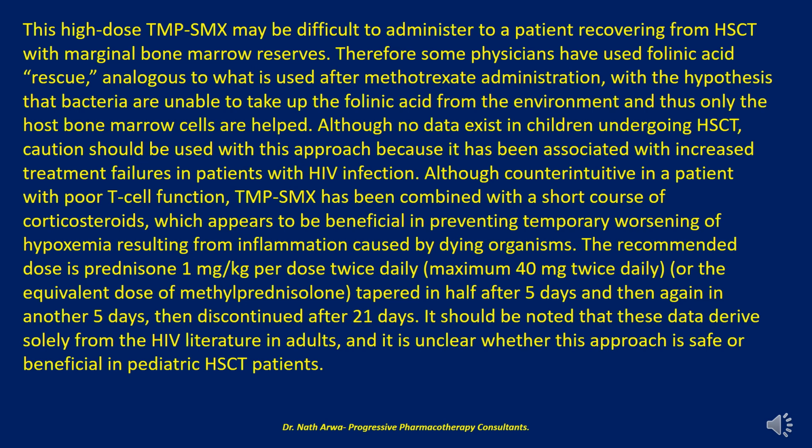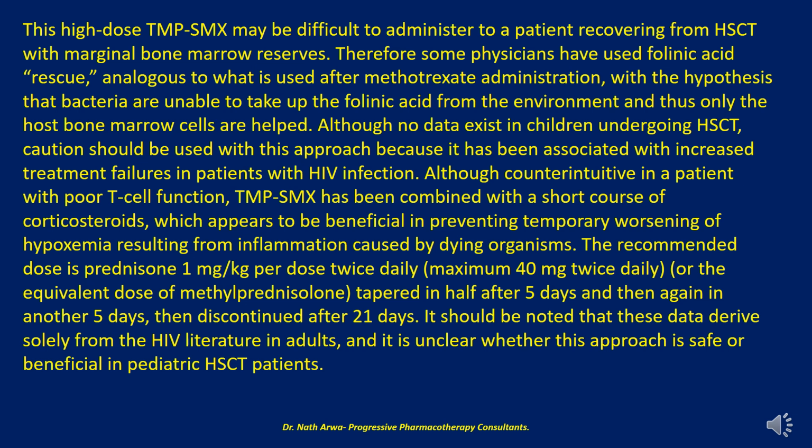Although counterintuitive in a patient with poor T-cell function, trimethoprim sulfamethoxazole has been combined with a short course of corticosteroids, which appears to be beneficial in preventing temporary worsening of hypoxemia resulting from inflammation caused by dying organisms. The recommended dose is prednisone 1 mg per kilogram per dose twice daily.